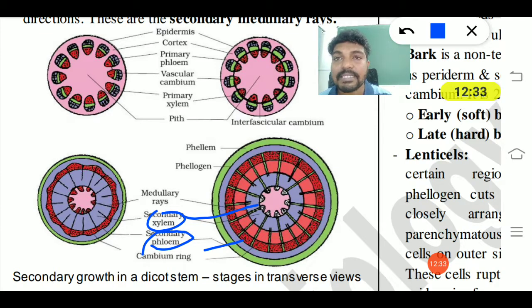When the secondary xylem increases, simultaneously due to the activity of the cambium ring towards the inner side, the secondary phloem gets crushed out. Most of the stem portion is occupied by the secondary xylem. So the vascular cambium forms one ring in one year.